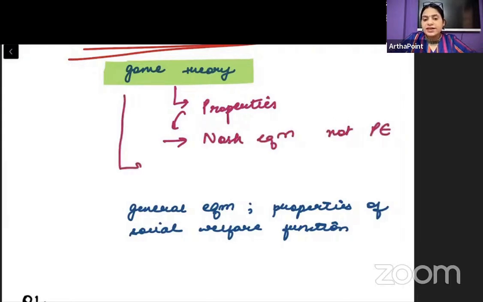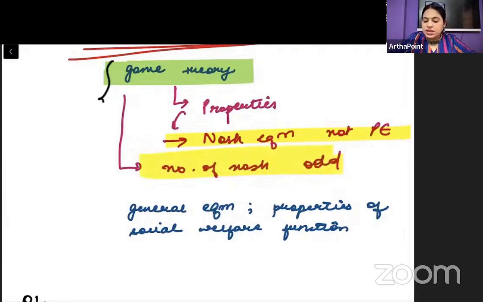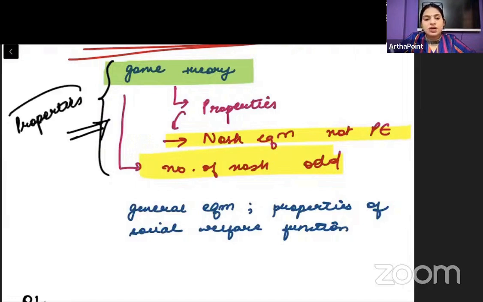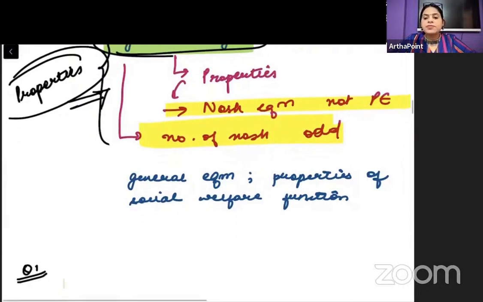Or we had done the property about the number of Nash equilibria always being odd. Such questions on such properties can also come in exam, and therefore you need to revise game theory in such a way that you do these properties very well. These properties have to be thoroughly done based on game theory.